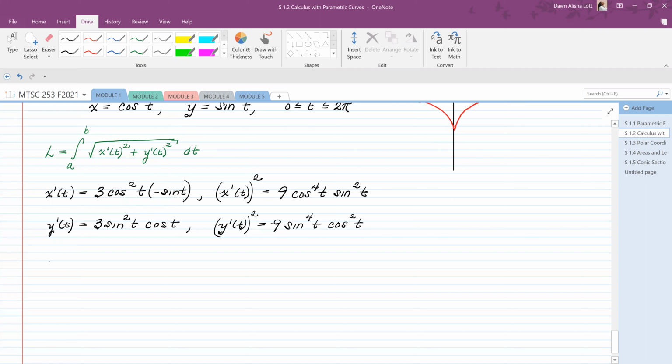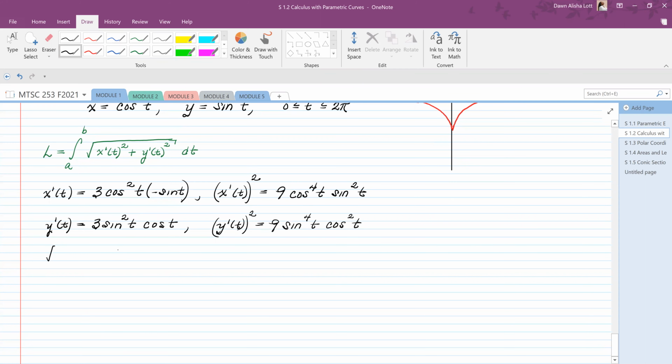So the square root of x prime of t squared, well, let's just do x prime of t squared plus y prime of t squared. So that's 9 times the cosine to the 4th of t times the sine squared of t plus 9 times the sine to the 4th of t times the cosine squared of t.